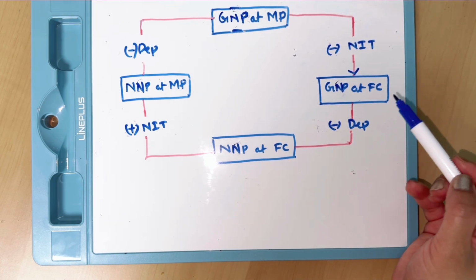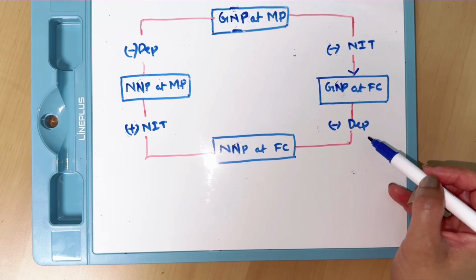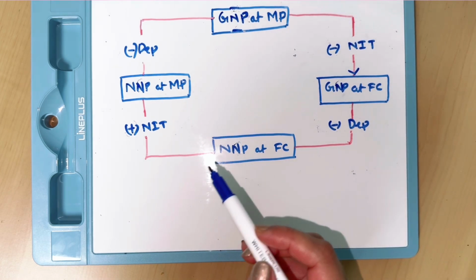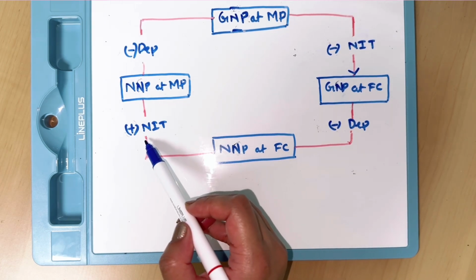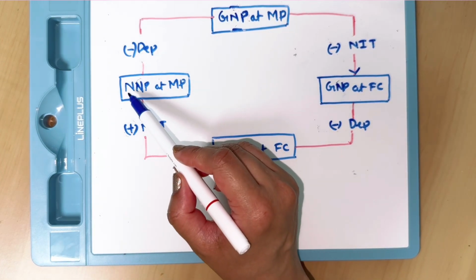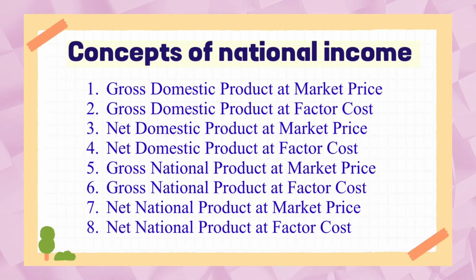Again, to arrive from gross to net, we know that we need to subtract depreciation. To arrive from market price to factor cost, we subtract net indirect taxes, and to go from net to gross, we add depreciation. Now let us study each of these aggregates in detail.